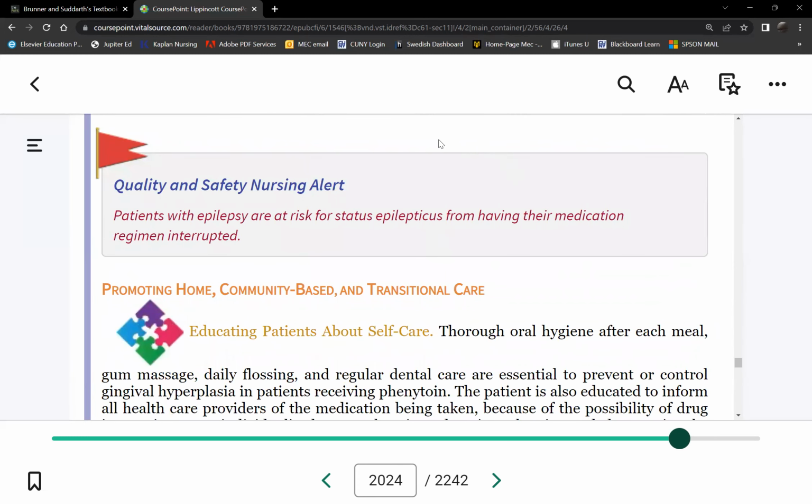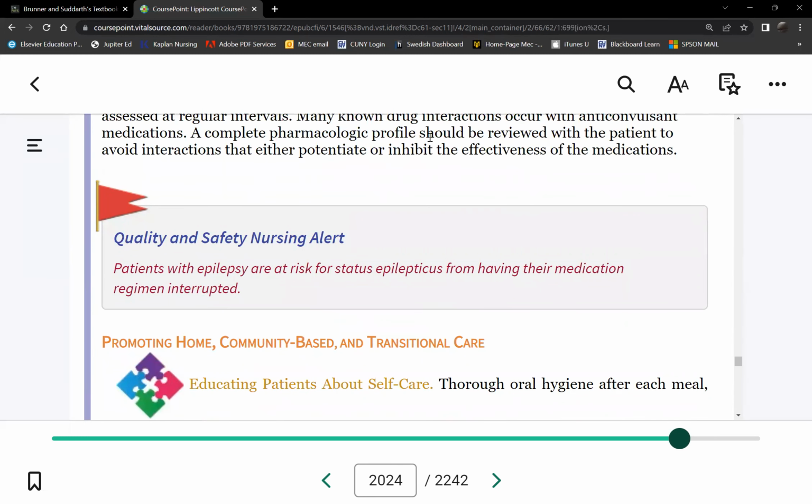Having epilepsy, does this affect the patient psychosocially? This can create stigma, right? This can create maybe bullying in school, correct? This affects a child, for instance, or even adults.